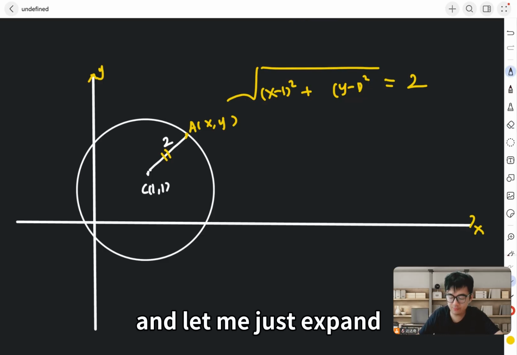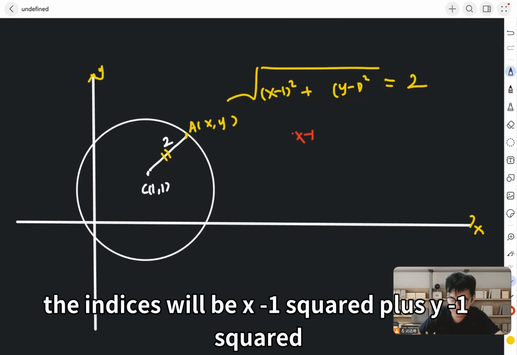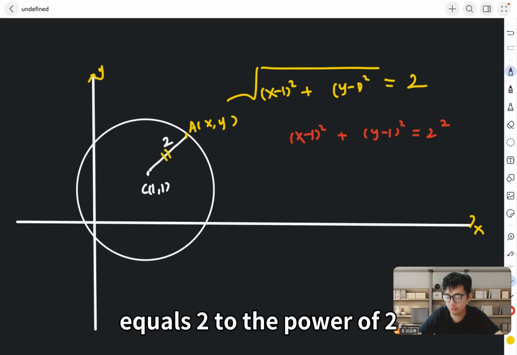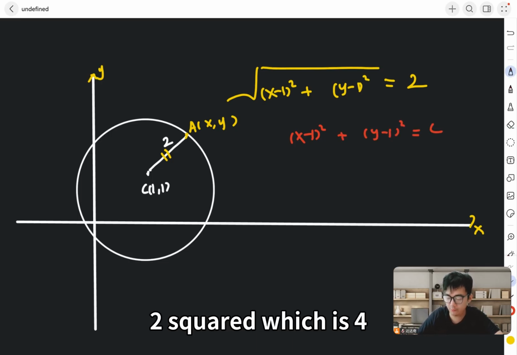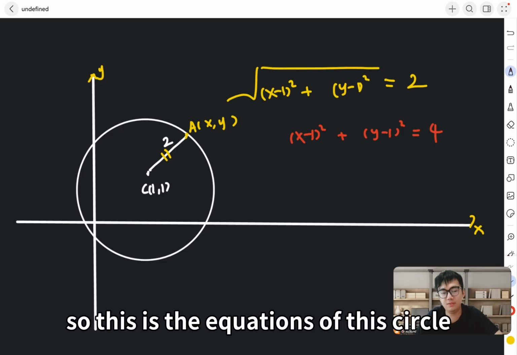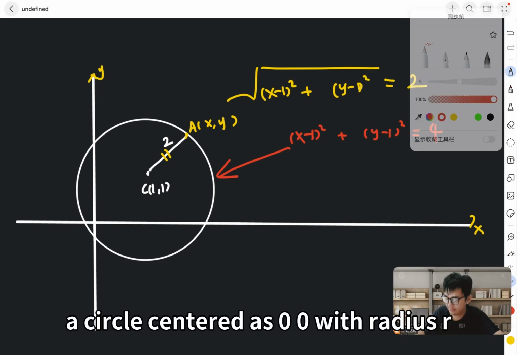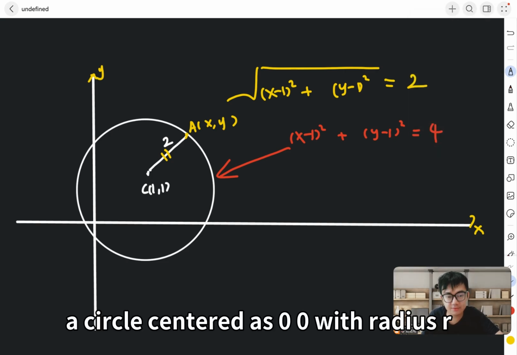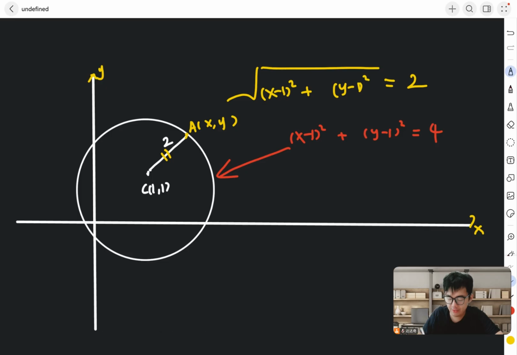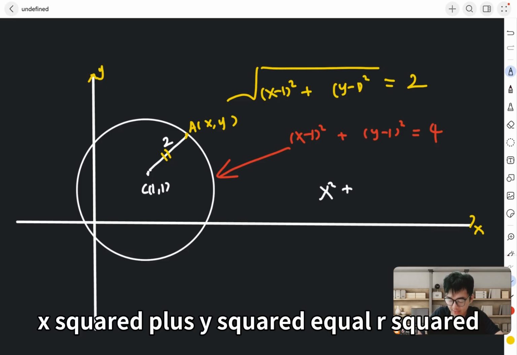Let me just expand the indices. It will be (x minus 1) squared plus (y minus 1) squared equals 2 squared, which is 4. So this is the equation of this circle. Let's review. A circle centered at (0, 0) with radius r has the equation x squared plus y squared equals r squared.